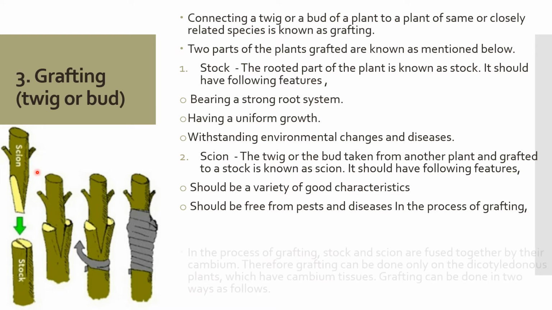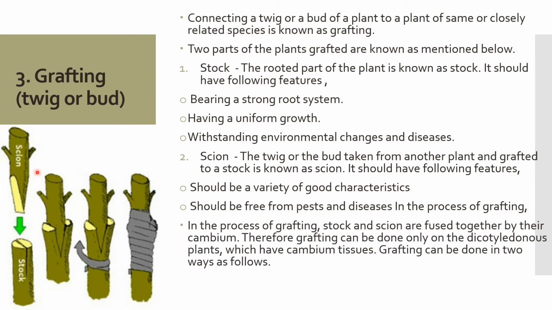And now we will see what the methods of grafting are. Before moving to the methods, in grafting we are fixing the stalk and the scion together to form a new plant. So here we are fixing the cambium of those two plants and allowing them to produce a new plant.